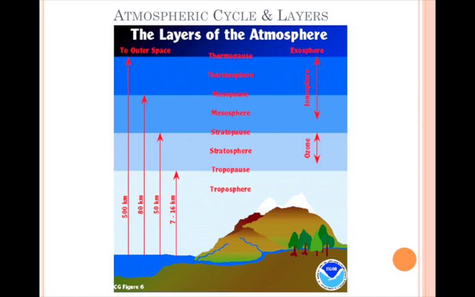It is about 4 to 12 miles thick and contains half of Earth's atmosphere. Air is warmer near the ground and gets colder higher up. Nearly all of the water vapor and dust in the atmosphere are in this layer, and that is why clouds are formed here. You can see that here in this illustration.